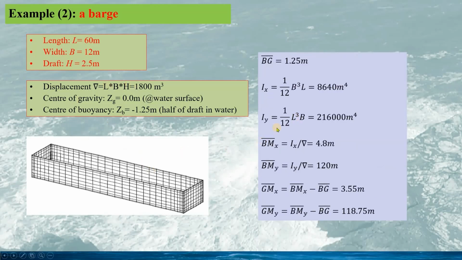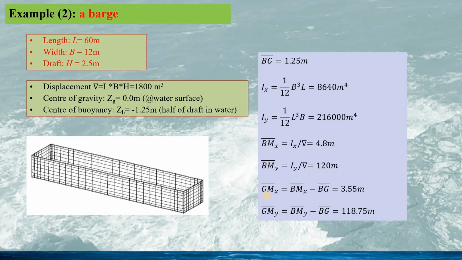Based on the size of the barge, we can calculate the second moment of the water area, Ix as this and Iy as this. So we can calculate the metacentric radius Bmx as 4.8 meter and Bmy as 120 meter.